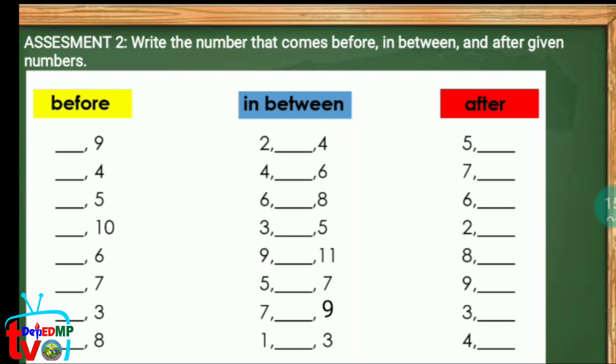Assessment 2. Write the number that comes before, in between, and after given numbers. So, what number comes before 9, before 4, before 5, before 10, before 6, before 7, before 3, before 8?